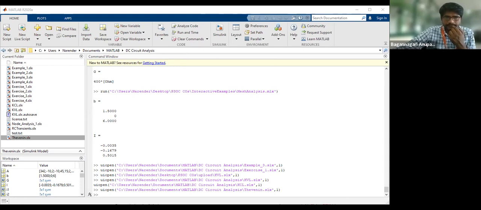Okay. Now, what do you see? It's the same. Okay, I think I need to stop this share. I will share it again. Is that okay now?